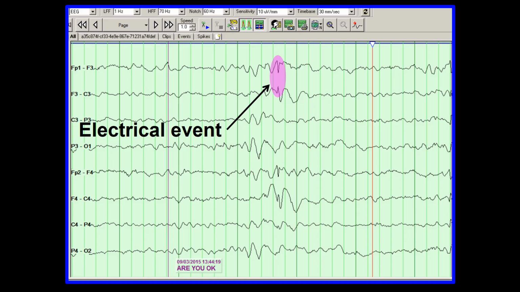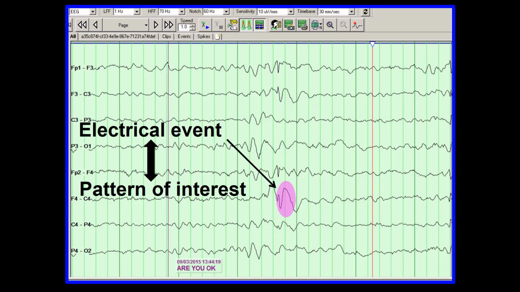An electrical event, more appropriately called an electroencephalographic representation of an electrical event, is a structure chosen by an electroencephalographer as a pattern of interest. In this case, the electrical event is a single spike. And in this case, a spike and a slow wave complex.